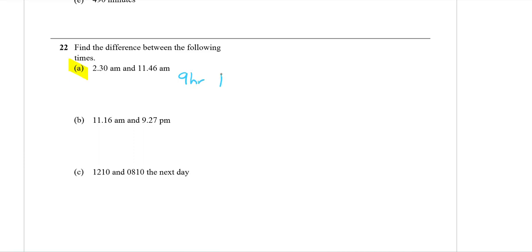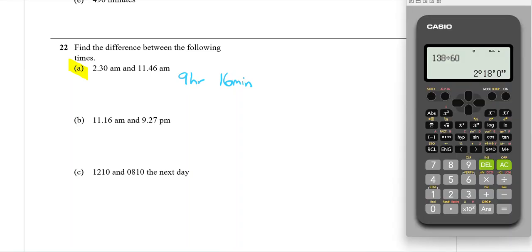And then I would need an extra 16 minutes. Can you use the bubble button though? If you wanted to check that, start with the big number. You go 11 hours and 46 minutes, and then minus 2 hours and 30 minutes.